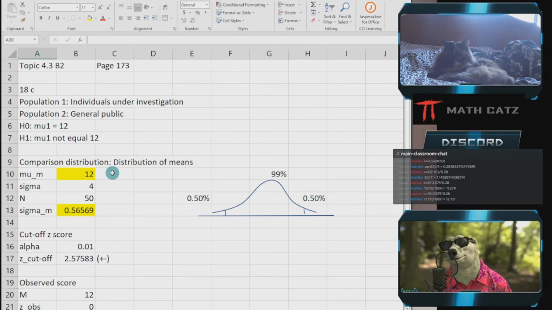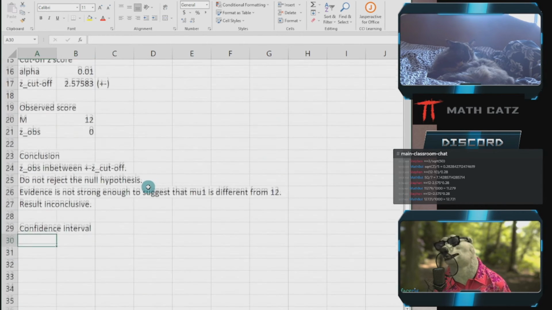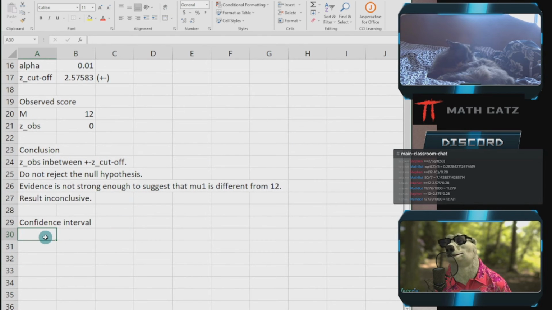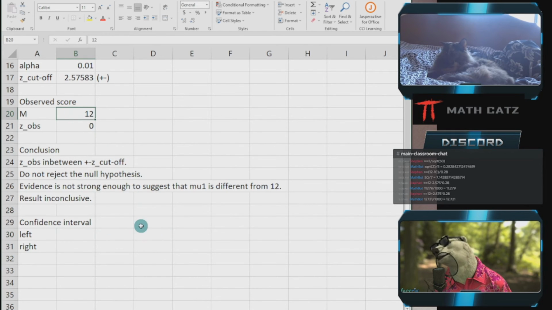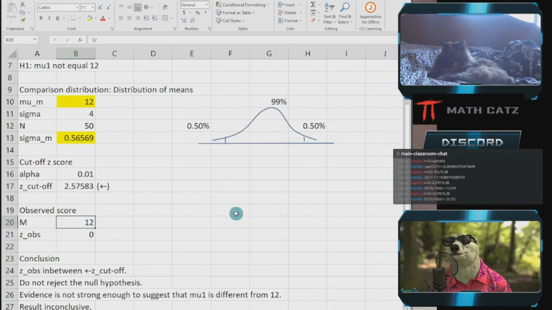I'm used to some variation, but still, we are constructing our interval. Let's go left and right. The interval we're constructing around this observed mean, in the same way here, but we're centering it at the sample mean, which in this case happens to be exactly the same as the population 2 mean.